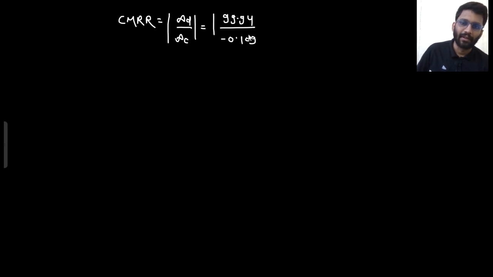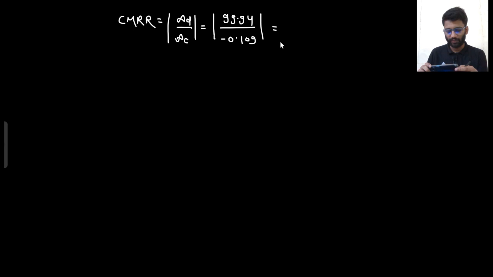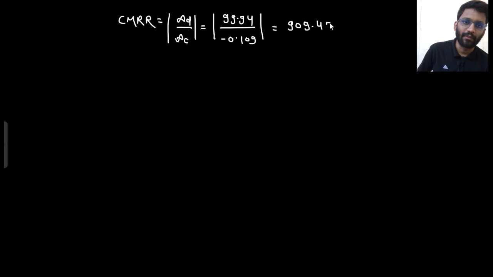Always you need to take the magnitude. So take the reciprocal into 99.94. It is coming around 909.45. This is the CMRR value.